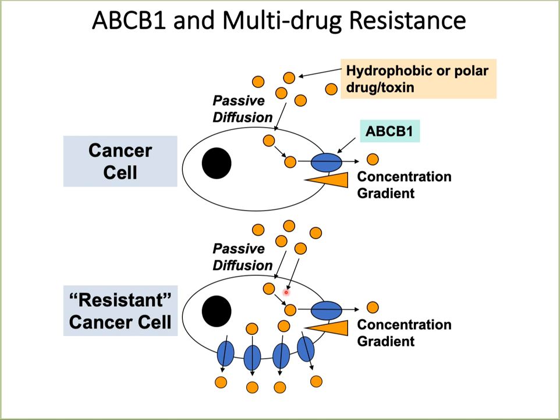The chemotherapeutic agents enter by passive diffusion, but they are rapidly pumped out to the extracellular space. They have no effect. They are not able to kill the cancer cell because a lot of these agents are cell cycle toxins that block cell division.